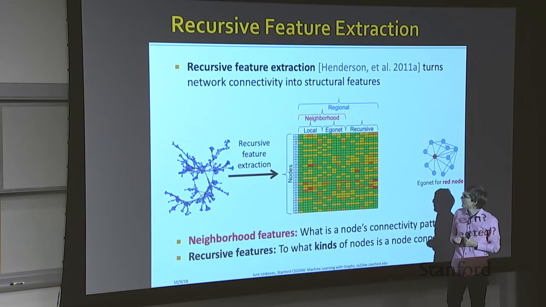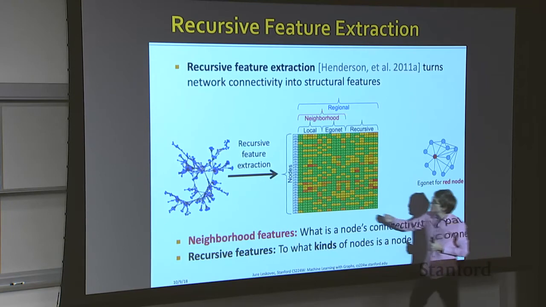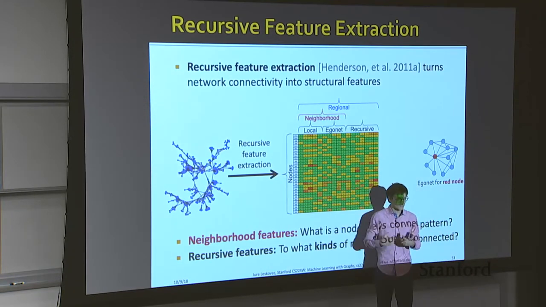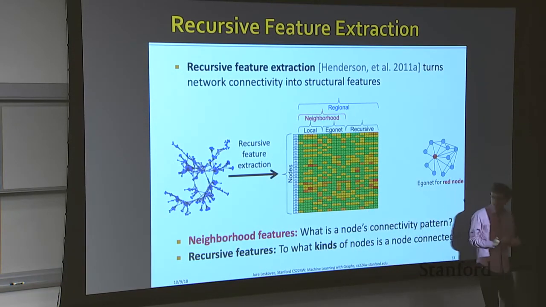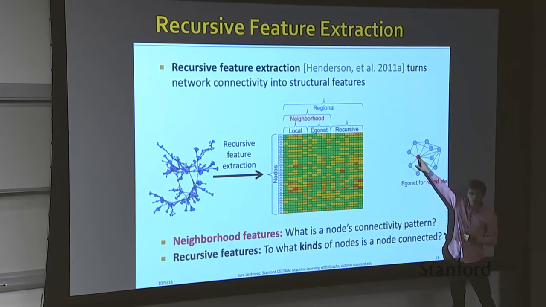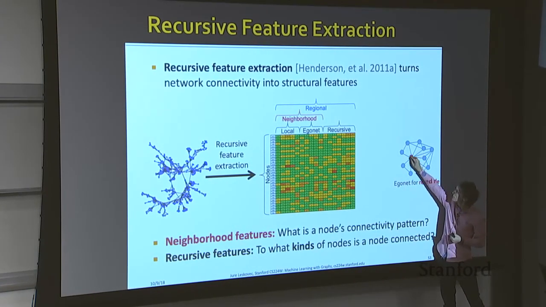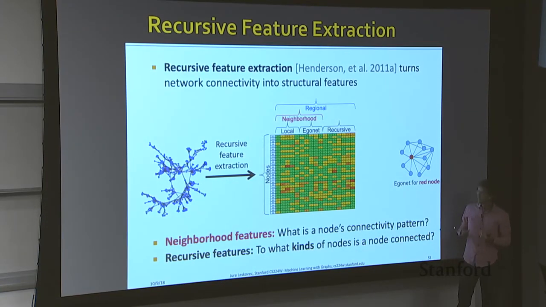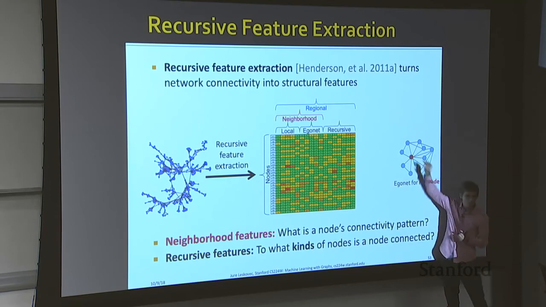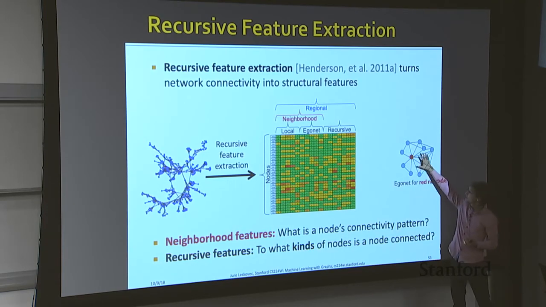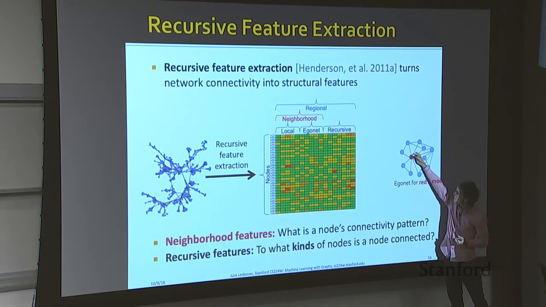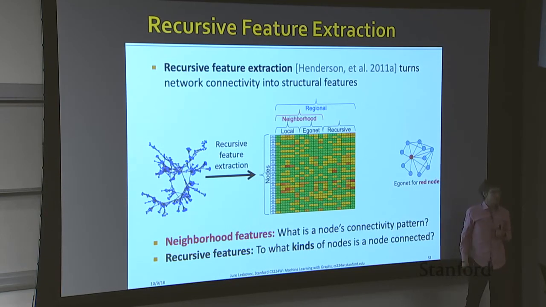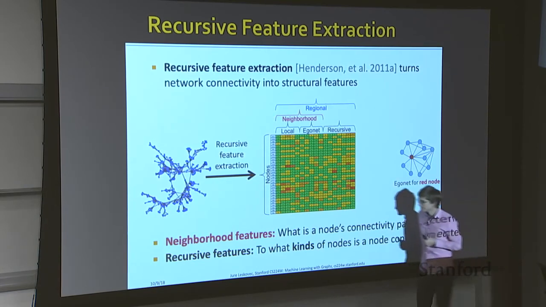One thing I want to define here is the notion of the ego network, or ego net. An ego network is simply, if you have a node, a network composed of the node, its neighbors, and the edges between them. In social sciences, the center node is called ego, and the ego network consists of the edges between the node and all of its neighbors, and also the connections between those neighbors.